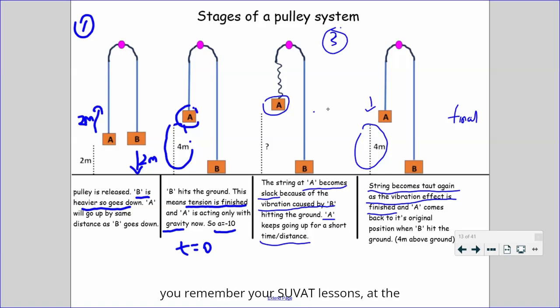If you remember your SUVAT lessons, at the highest point, v is equal to 0. So often a question would say, find the time taken to reach the highest point, or find the distance up to the highest point. In that case, you would use v equals 0.